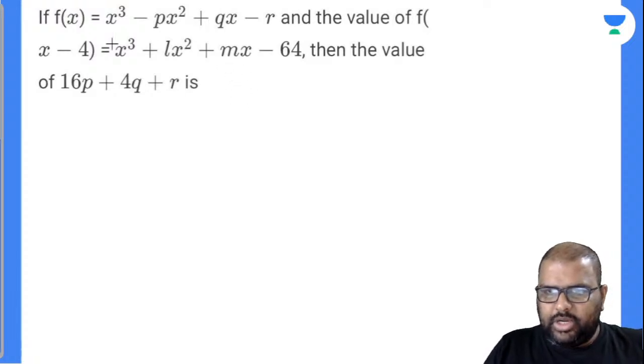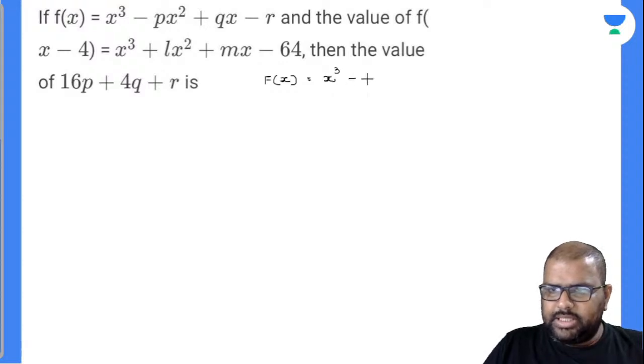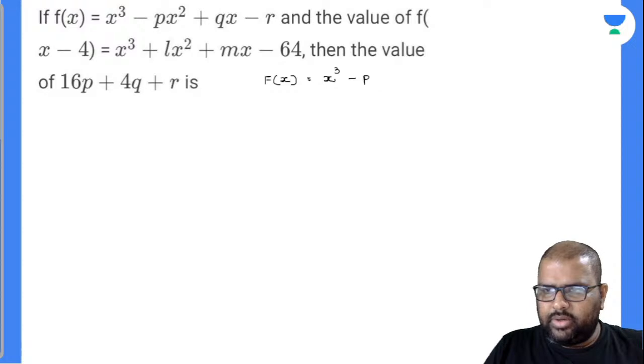So you are given two equations. I'll write down here. F of x is equal to x cube minus p x square plus qx minus r.